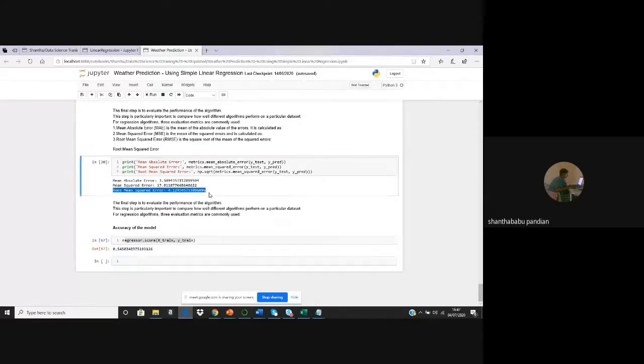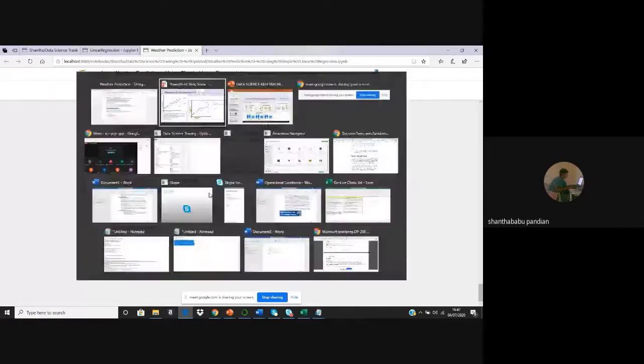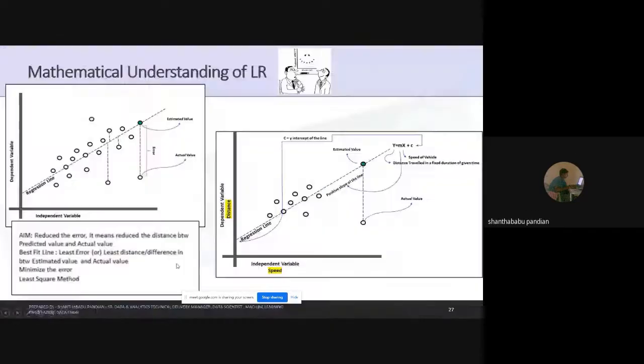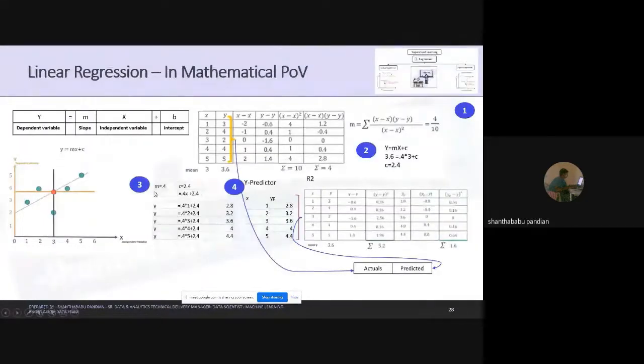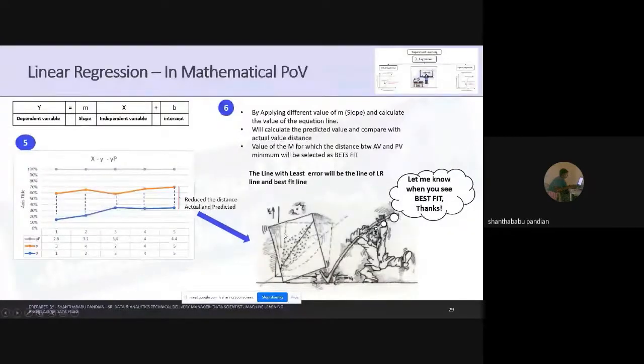we need to find out the root mean square error. Okay, root mean square error. That's the reason I clearly mentioned it in one of the slides, with the steps. I don't think I need to discuss this again. So we have tried to fit this line, and we are making different changes.